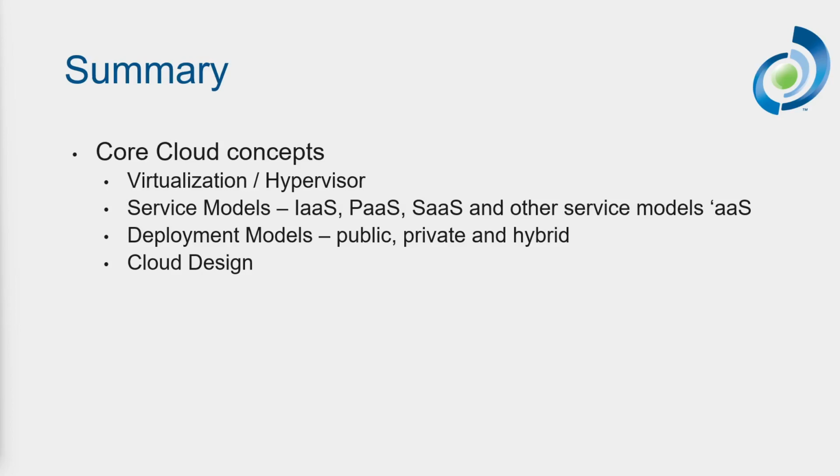There are a lot of people now moving straight out to commercial cloud, but there's still some use cases where people have a requirement to be on a hybrid. They may have reasons that they have to have control of some of the things, or maybe they have applications that are running that are so old they can't move them. So there's various reasons why you have that hybrid model. And then the last few things we talked about were cloud design and the things that are involved in that area.